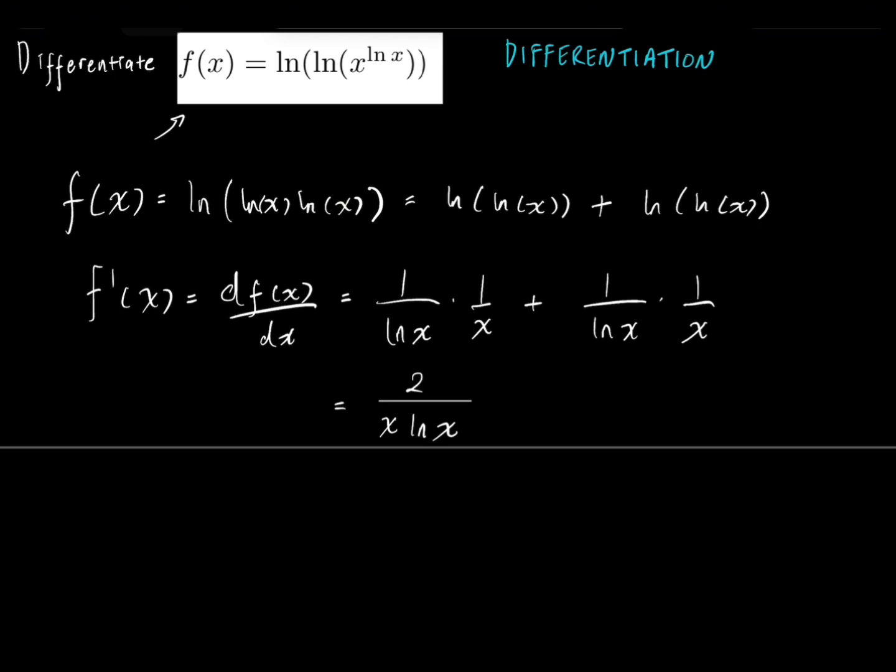So we get 1 over the thing inside, 1 over ln x, times the derivative of the inside. Remember the chain rule? The derivative of ln x is 1 over x, which is this one. And this term is exactly the same as this term, so we have the exact same derivative. Then you simplify, and we get 2 over x times ln x.